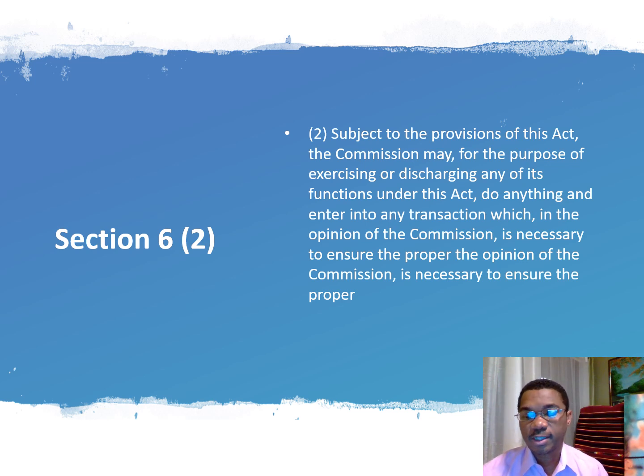So section 6 subsection 2 of the Act makes it clear that the commission has discretionary powers in terms of exercising or discharging its functions, and because it is a body corporate, it can enter into any transaction that the Commission may deem to be necessary to carry out its proper functions.